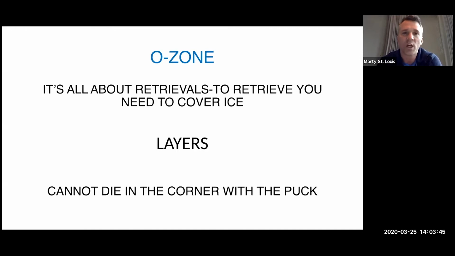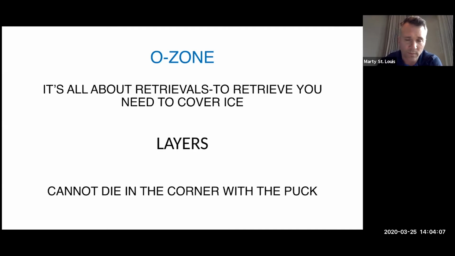Two or three passes, shot, retrieve. It's not about always manufacturing a home run play. I love singles and doubles in the ozone, and that usually translates to maybe a home run play later, because now the defensive group is tired, or maybe you draw a penalty. But it all comes from retrievals, and I'll explain that.